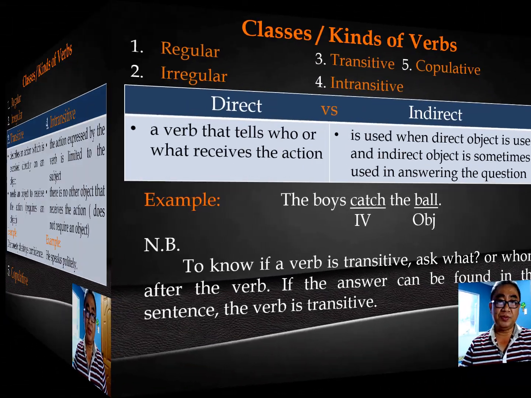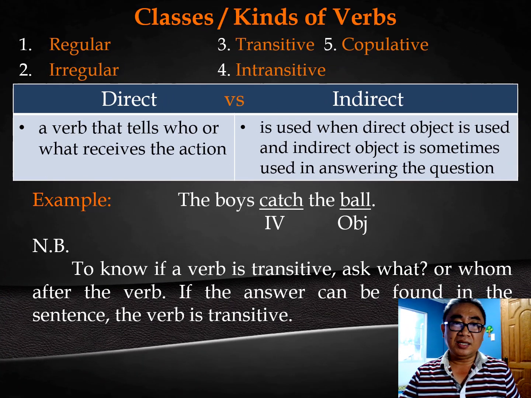So we will go to the distinction between direct and indirect object. A verb that tells who or what receives the action is direct. Right. The boys catch the ball.